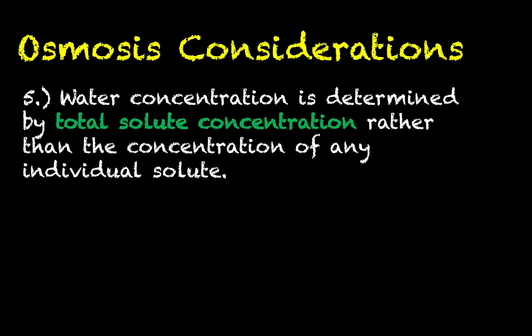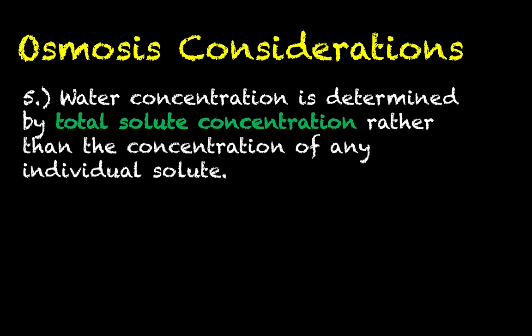So now that we've got that out of the way, let's finish up our conversation on osmosis. Water concentration is determined by total solute concentration rather than the concentration of any individual solute. Now, this is a very important point for us to make because the previous two examples we've looked at are situations involving solutions that only contain one solute.